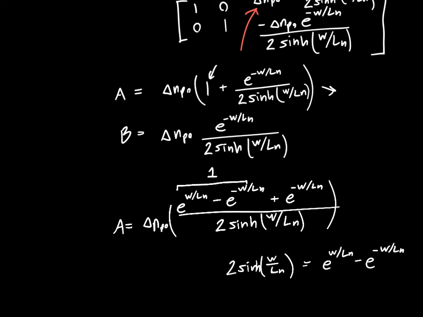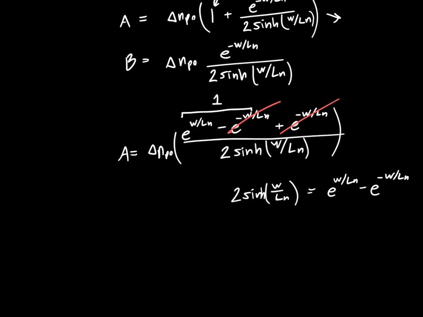Okay, so here we can immediately see that these two terms cancel, and we're left with something that looks a lot like our answer for B, and that's that A is equal to delta np naught times e to the w over ln over 2 sinh w over ln.